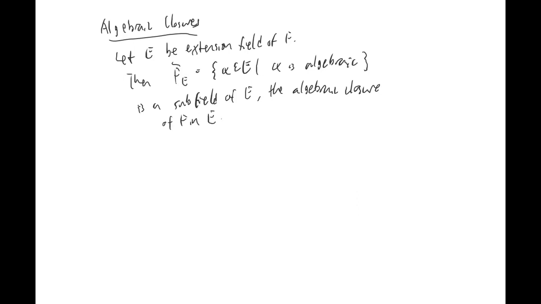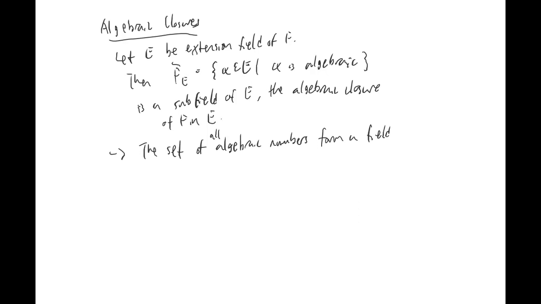Think of it as the things in E that are algebraic over F. The set of all algebraic numbers is just a special case. These are elements that are algebraic over Q, and these form a field.